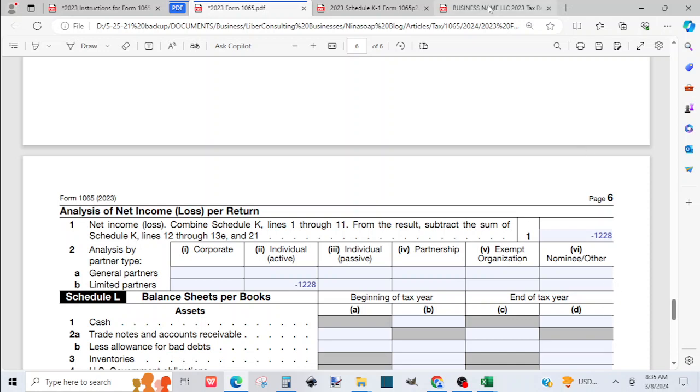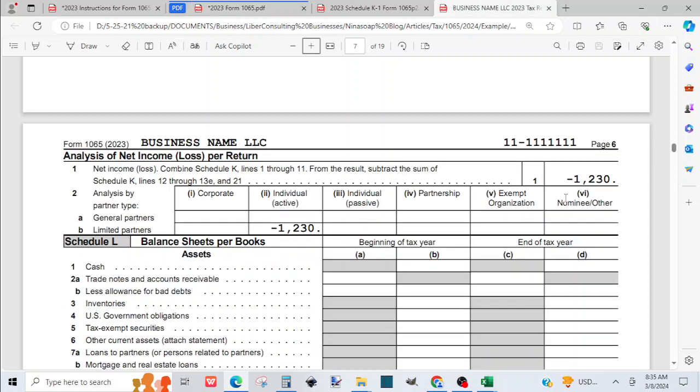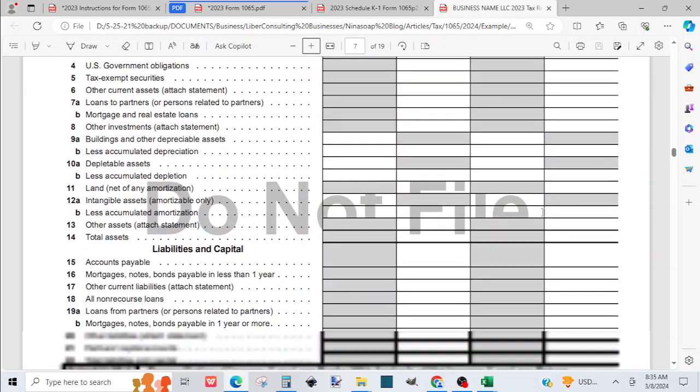Yeah, we missed that line. Okay, and yeah, they put it on that. Let's continue.